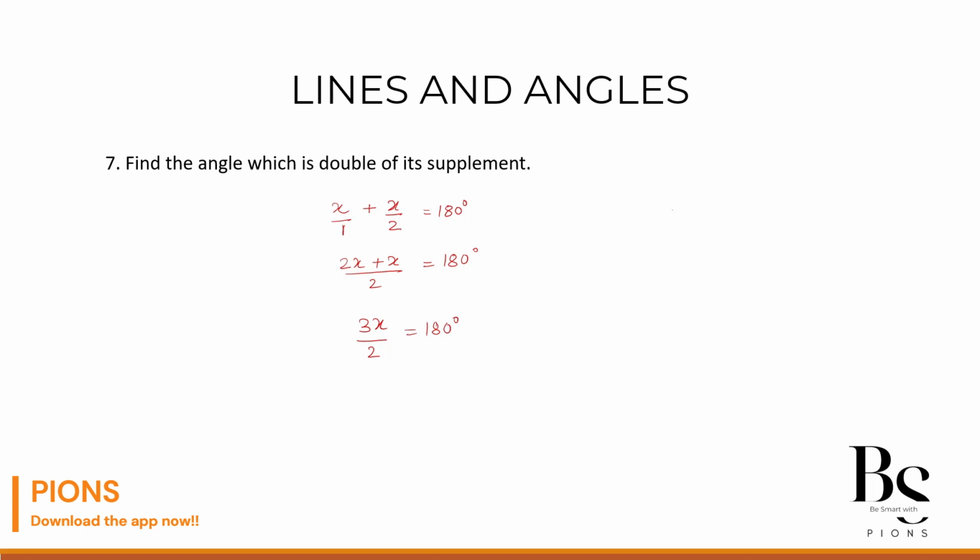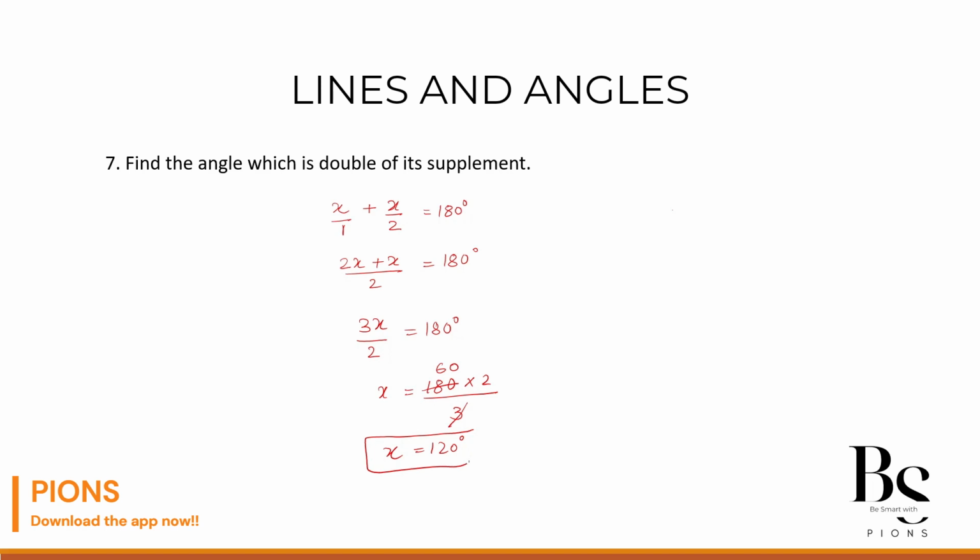Now 2 here is in denominator, so when it goes on the right hand side, it will become 180 into 2, numerator it will go, and 3 is in numerator, so it will go in denominator. Now 3 sixes are 18, so 360, and 60 into 2, that is x is equal to 120 degree.